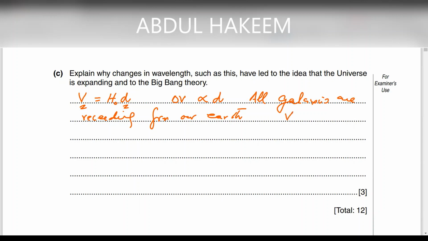So the receding velocity is directly proportional to distance. When the distance is increasing, the recessional velocity v is also increasing.